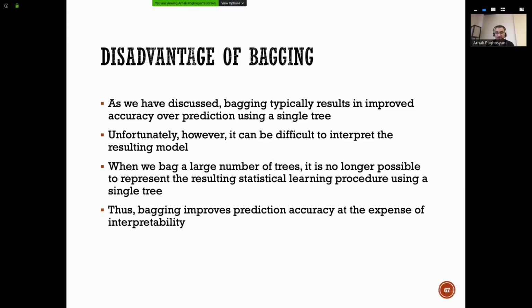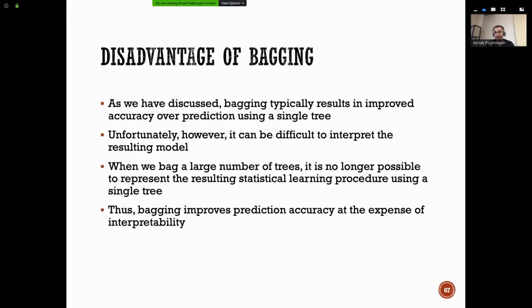Because we don't have 3 as a final result. We have 1,000 different trees, then we are averaging. Each individual tree in this case is useless. You cannot understand how this tree is describing your data, because within 1,000 different trees, one tree is just nothing. That is why, again, we have the same logic. We have an increase in power, but a decrease in interpretability.